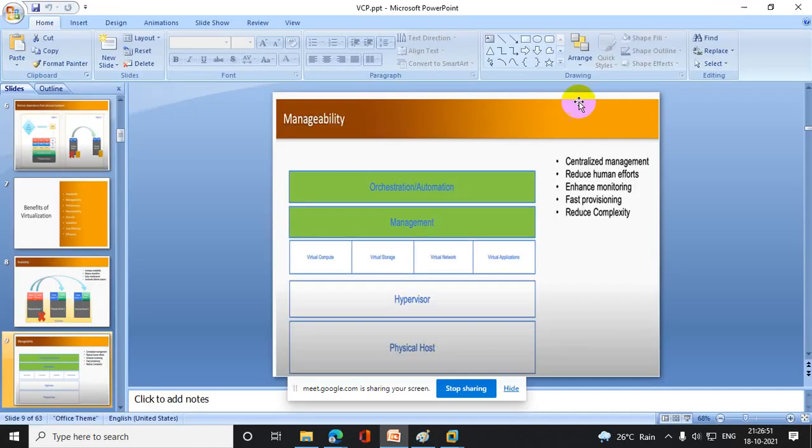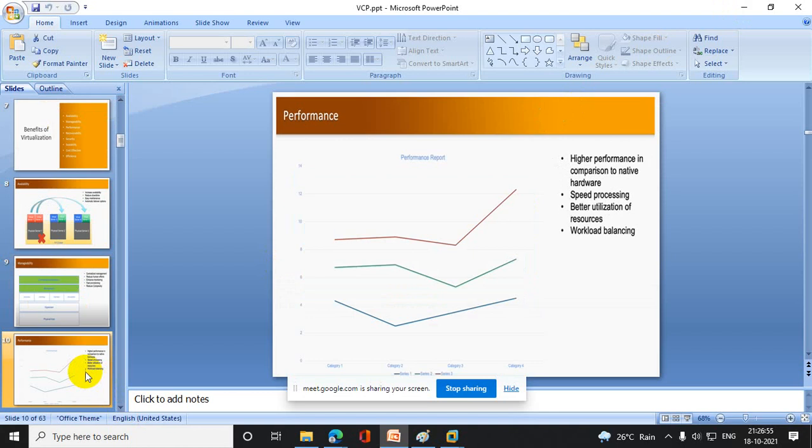Okay. Next is performance. Performance means, as you know, the software defined data center is already managing the hardware. So through software you can check the performance of the hardware. How about the disk IO?